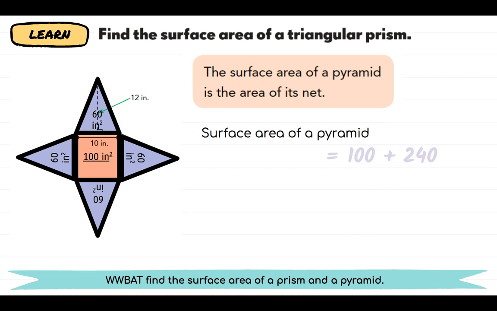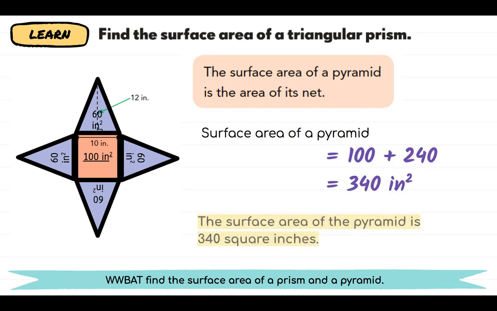Then we add them all up in order to find the surface area of a pyramid. And we concluded that the surface area of the pyramid is 340 square inches.